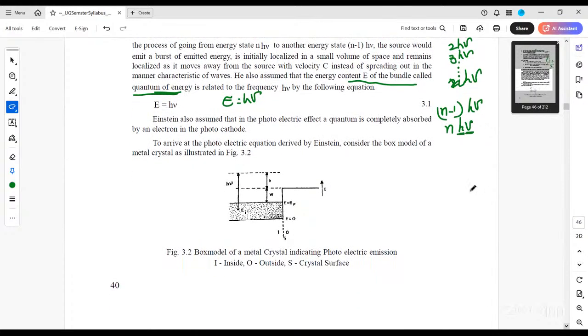Now, in general, from the valency band to the conduction band, in between we have the Fermi energy level, EF. The bottom side I am representing is the valency band, and the upper one is the conduction band.